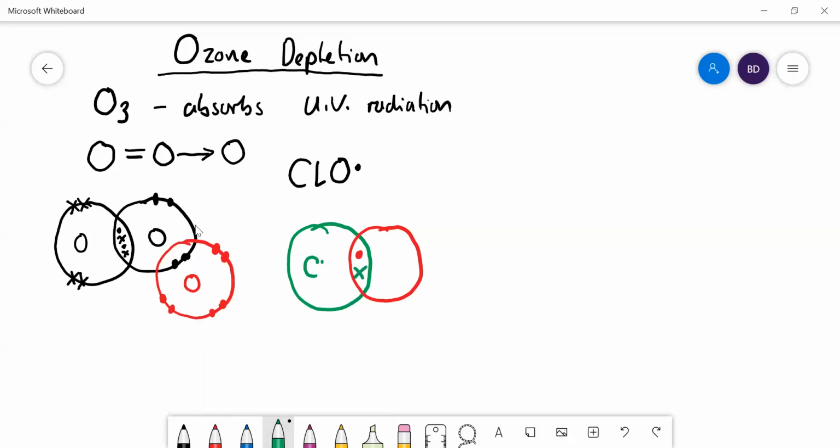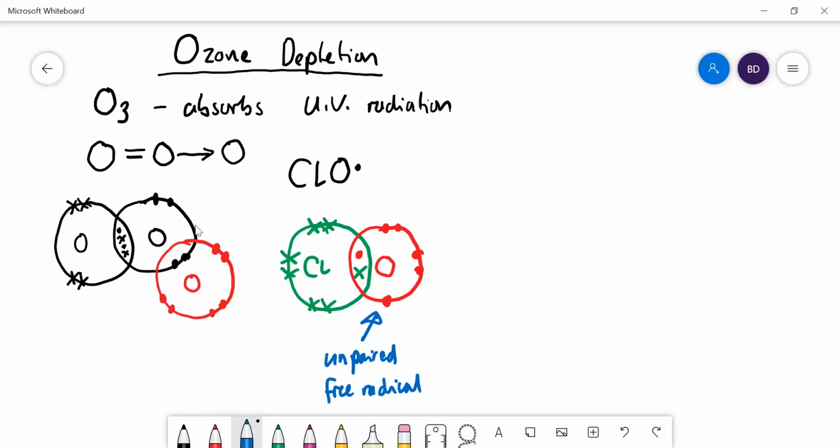Here's the chlorine, 7 electrons, so 6 more, 3 lone pairs. The oxygen has 6 of its own electrons, plus 1 there, so we have 1, 2, 3, 4, and 5. So you can see that this is unpaired. So this is a free radical, and we know free radicals are usually very reactive.